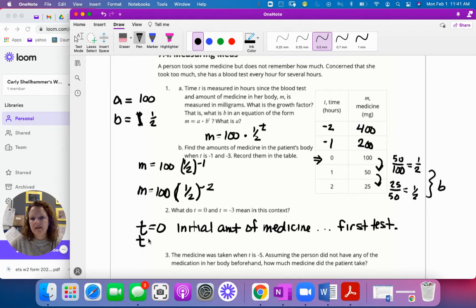And then when t equals -3, let's see, t is measured in hours since the blood test. So that would be 3 hours prior to the first test.